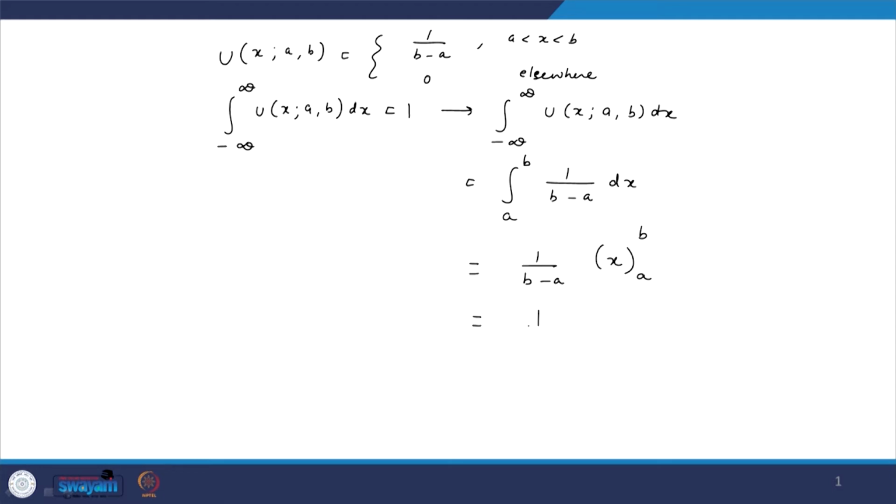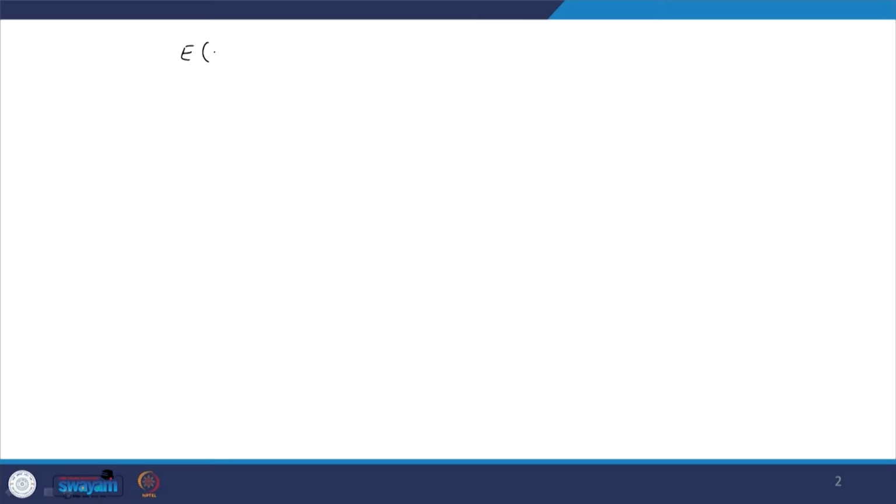Now, if we want to find out its mean or variance, how can we proceed? For the mean, or expectation of x, for the uniform distribution it is given by the integral from minus infinity to plus infinity of x times U(x; a, b) dx, which is equal to the integral from a to b of x times 1 upon b minus a dx, because it is 0 otherwise.